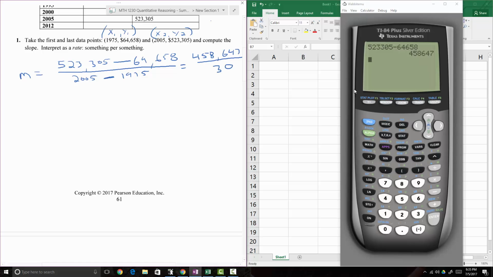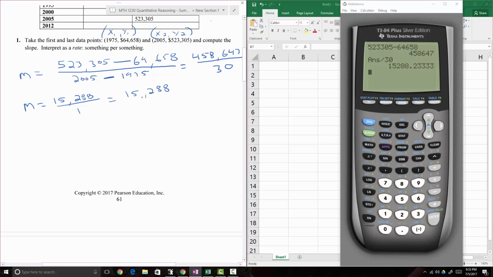So if I take that value and divide by 30, and round to the nearest whole number, we get a slope of 15,288. This would be over 1, or simply just 15,288.